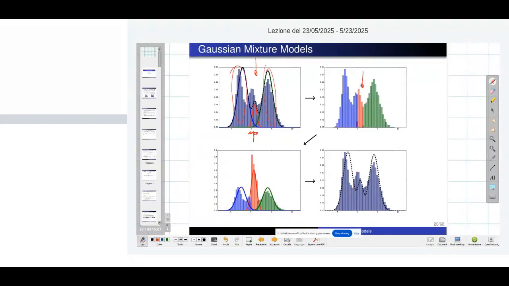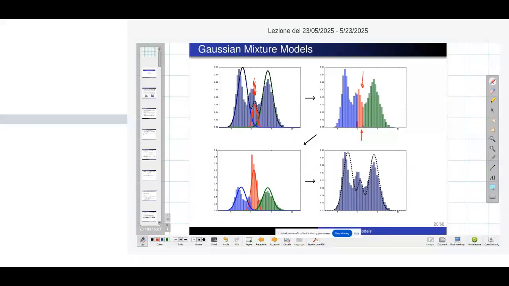If I repeat the process, you see that now the area assigned to the red cluster has enlarged. How do I compute that? Cluster posterior probabilities are proportional to the joint. This represents the joint, so the area assigned to the red class is the area where the red curve in this plot is higher than the other two.